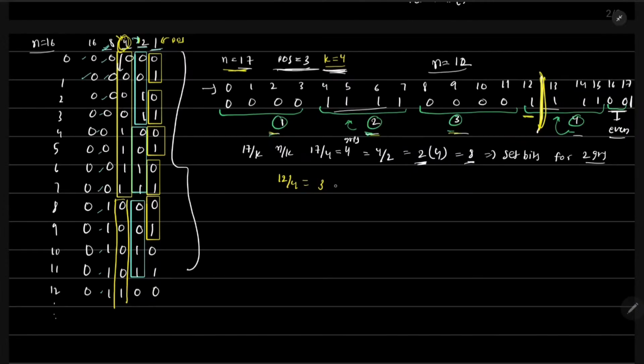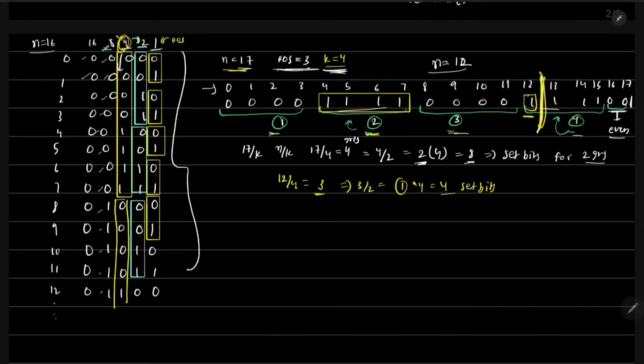I have to take 3 by 2, because half of them will be zeros. So 3 by 2 is 1. I got only one group with all ones. 1 into 4 is 4 set bits. But I just have one left out.